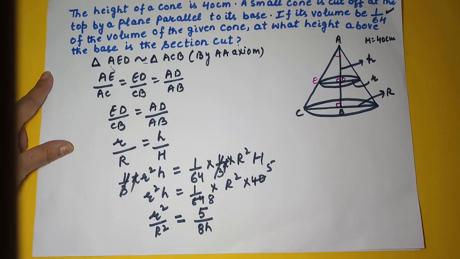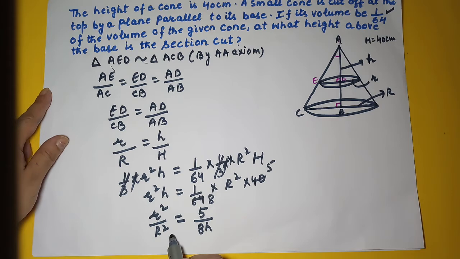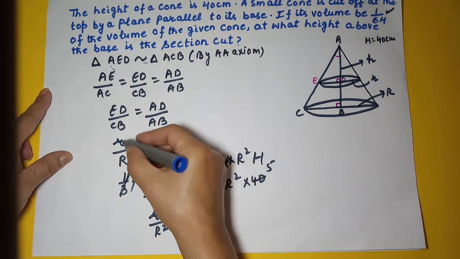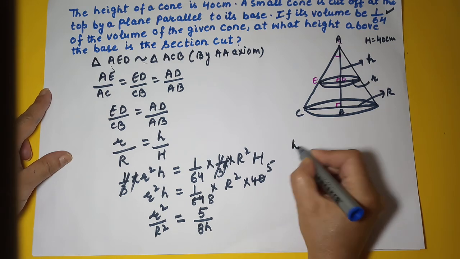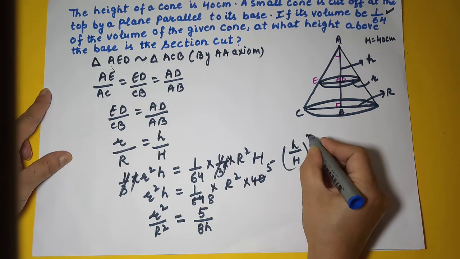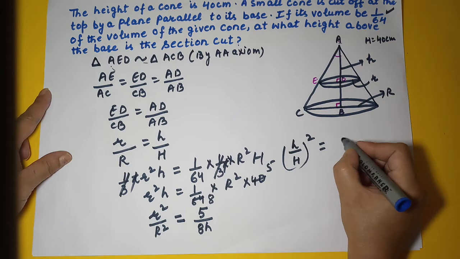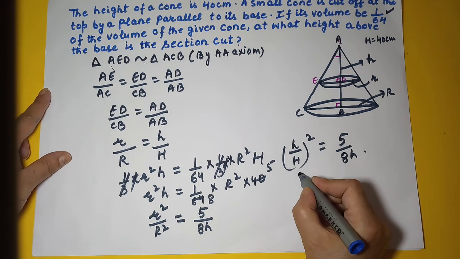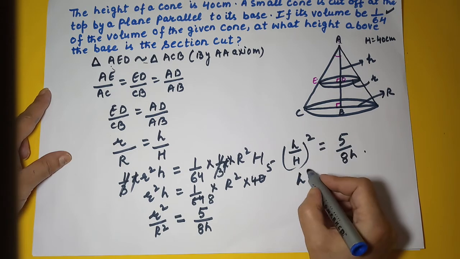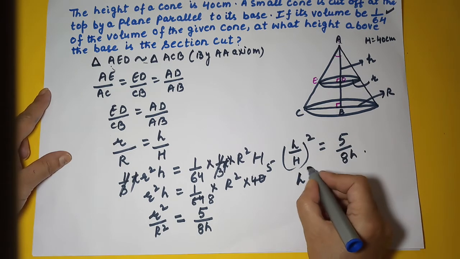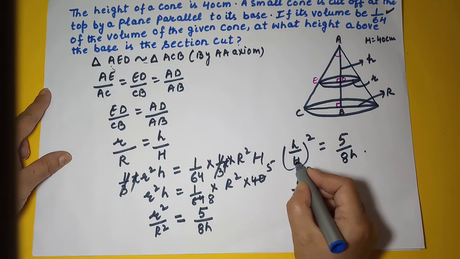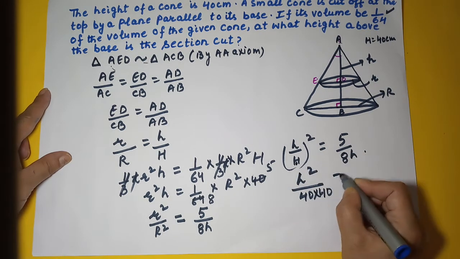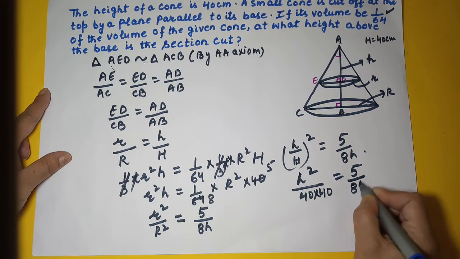Now, this is what I have with me. Fine. Now, how will I use this? So, I will use this as the value: r upon R whole square is equal to 5 upon 8h. So, this will become h square upon 40 square, I have 40. So, 40 into 40 is equal to 5 upon 8h.